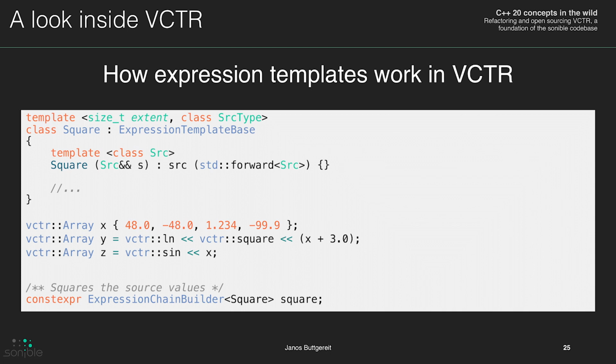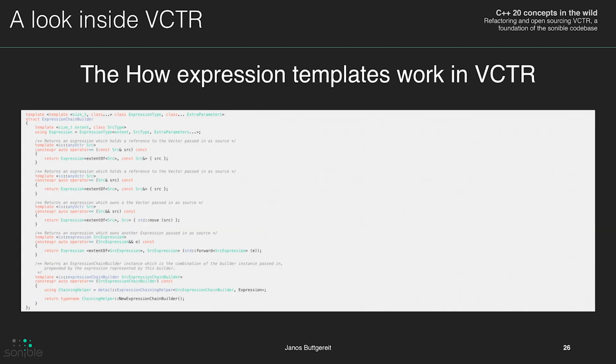So behind the scenes, we have this expression chain builder class. All our templates are defined like this, the implementation, and at the bottom of our header files, we have this expression chain builder, square, square. And the expression chain builder is basically this class.